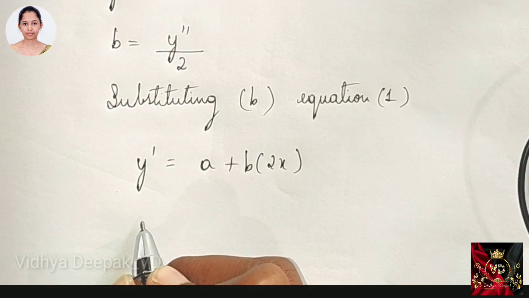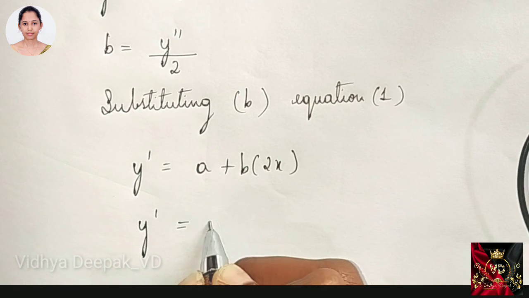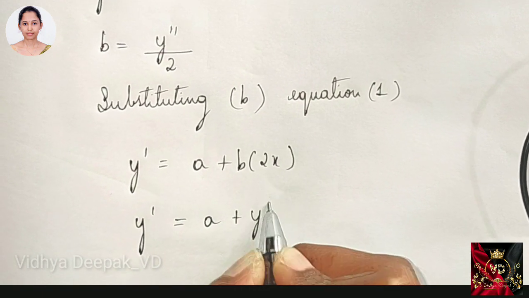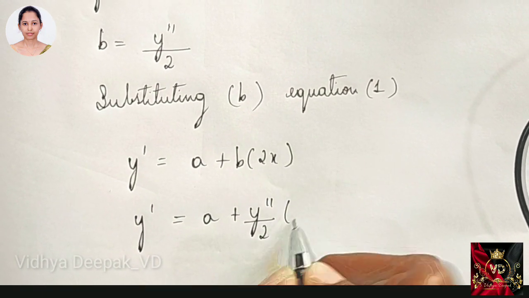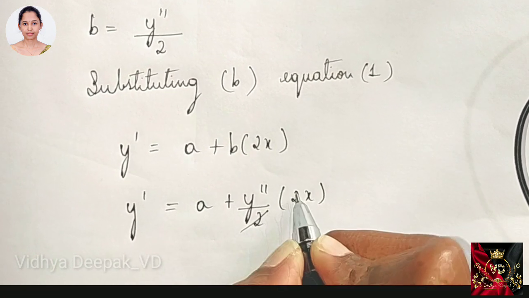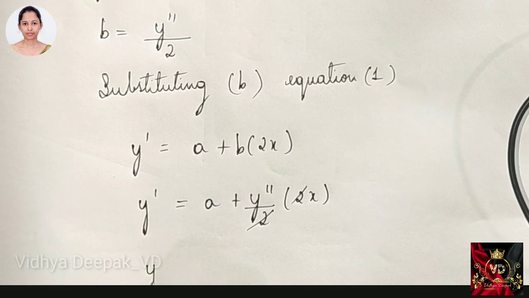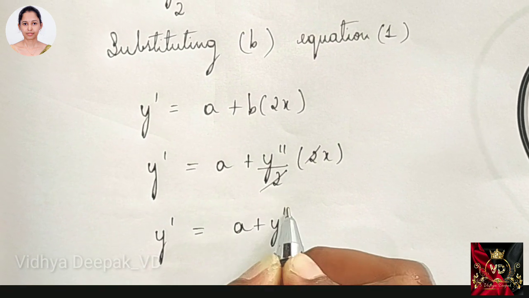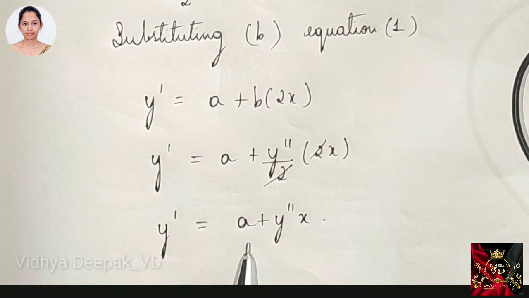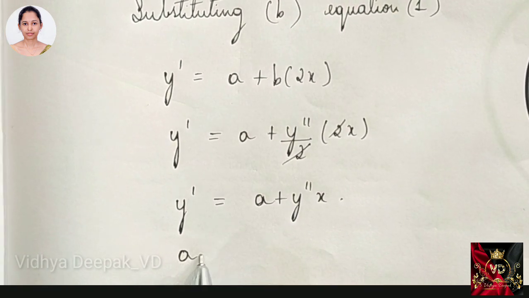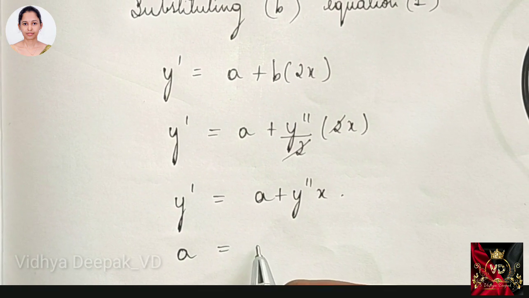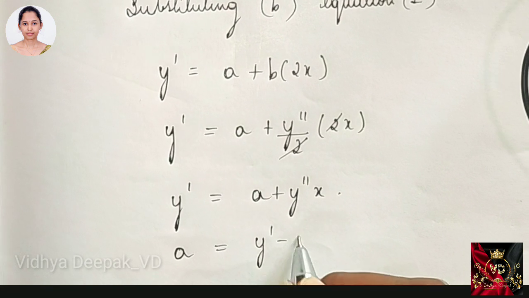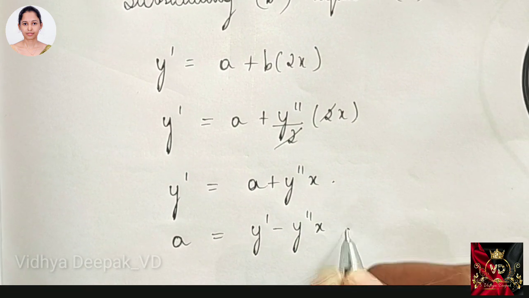So you have y dash is equal to a plus y double dash divided by 2 into 2x. 2 and 2 gets cancelled. So you have y dash is equal to a plus y double dash into x. From this, can I find a? Yes. So that is a is equal to y dash minus y double dash into x.